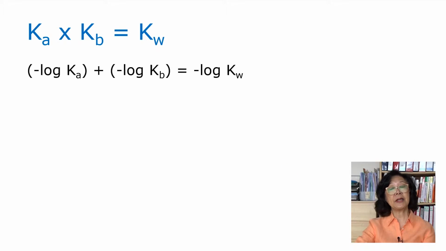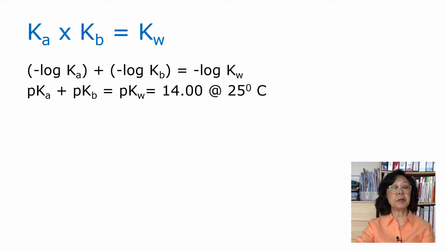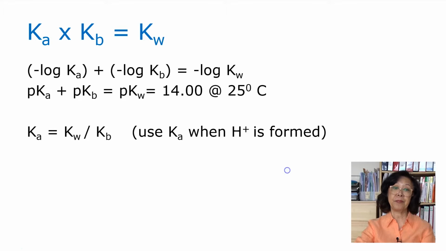Now, we can take the negative log of Ka plus the negative log of Kb equal to the negative log of Kw. This is equal to pKa plus pKb equal to pKw, which is 14.00 at room temperature. Now we have derived a new formula to use.